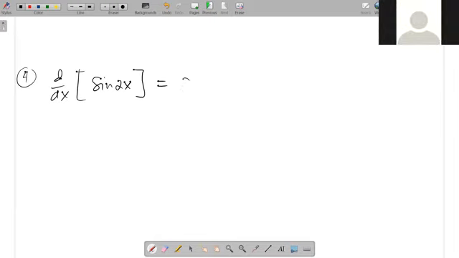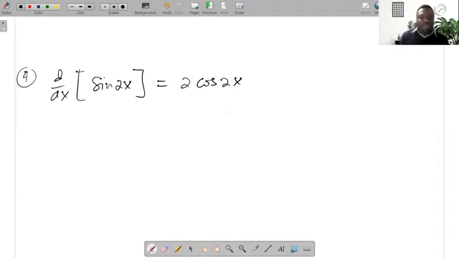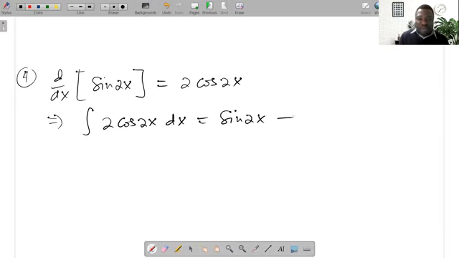Two cosine 2x. That's right. So basically what it means is that the integral of 2 cosine 2x dx is equal to sine 2x plus, let's say, c1, right?